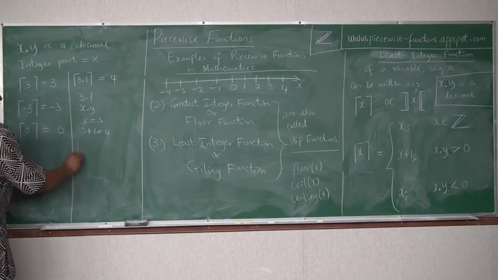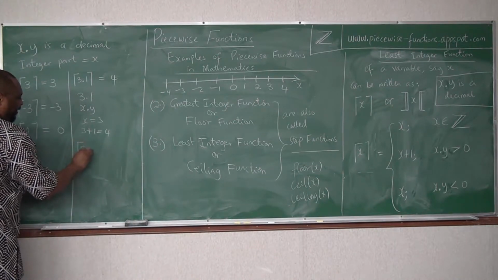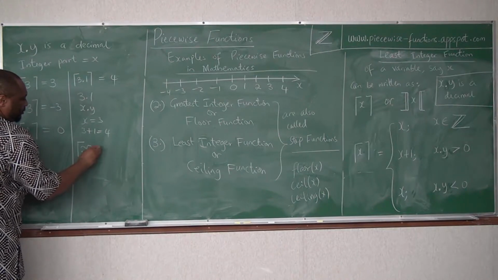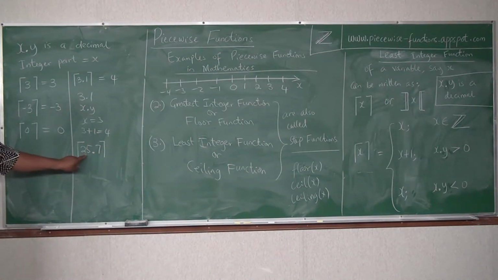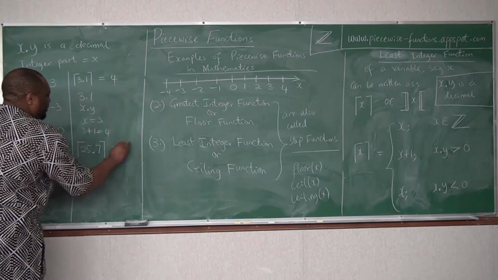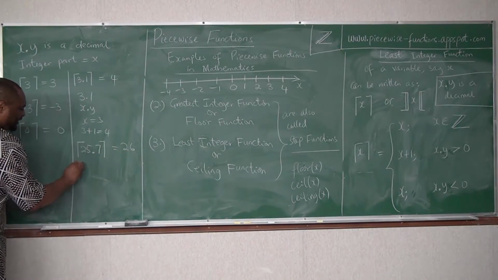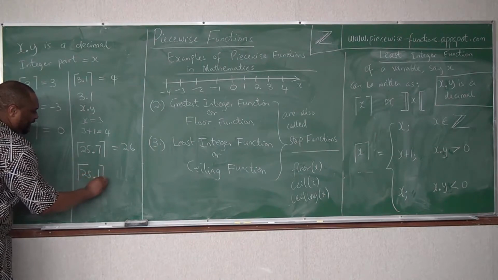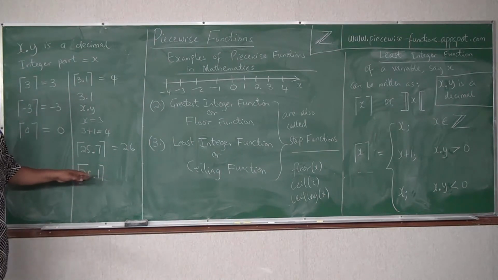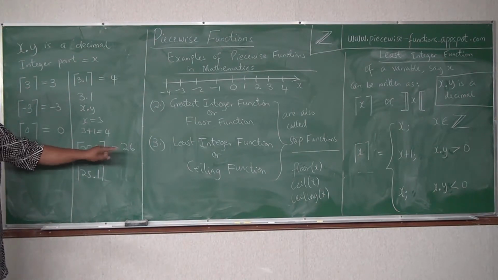If you have the least integer of 25.7, in this case your x is 25. 25 plus 1 is 26. You have the least integer of 25.1, because some people might think we are just approximating this because it's 0.7. We don't know.